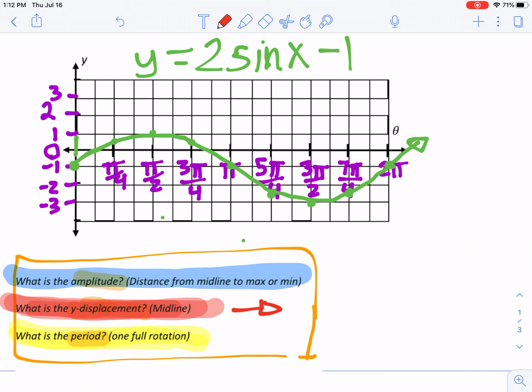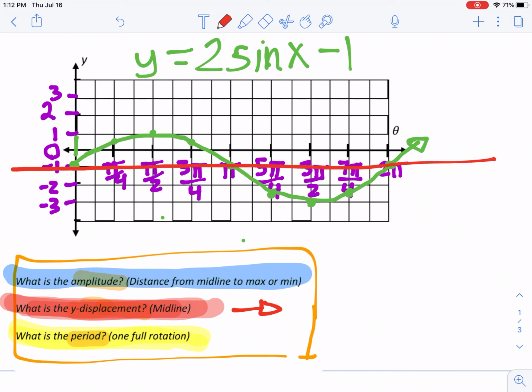When you think of midline, I want you to look at our green curve here, and imagine taking this green curve and slicing it horizontally through the middle. If we were to do that, we would slice it right through there.